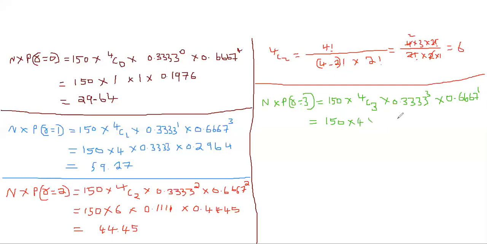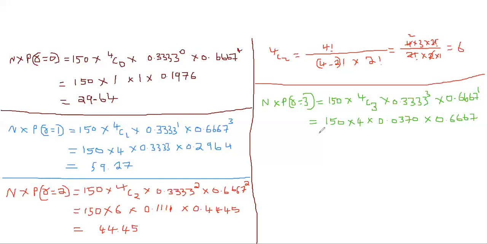4 into 0.3333, 3 times you multiply: 0.3333 into 0.3333 into 0.3333 is equal to 0.0370, into 0.6667.